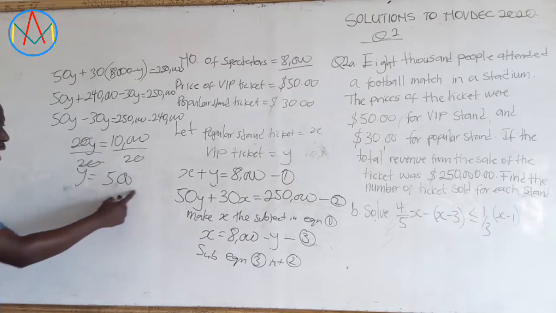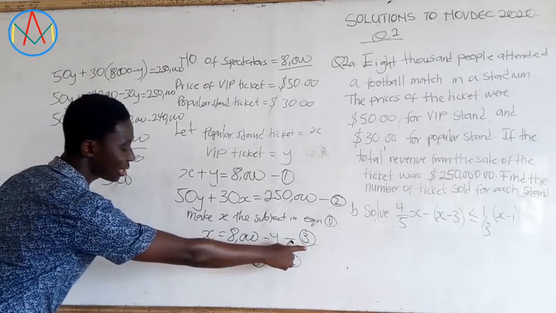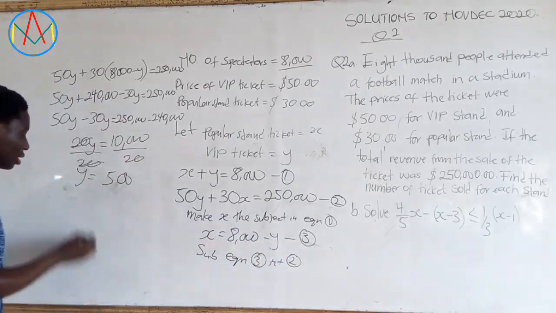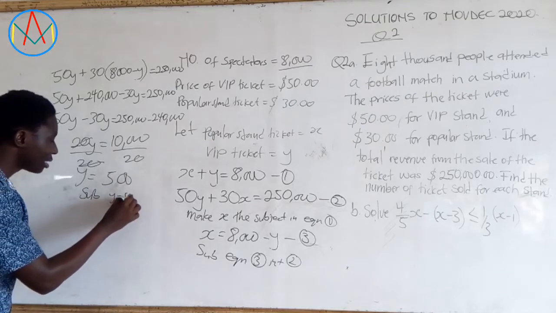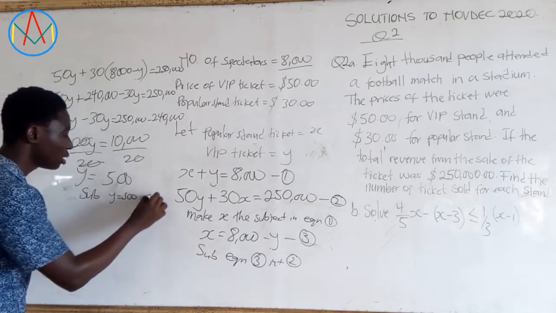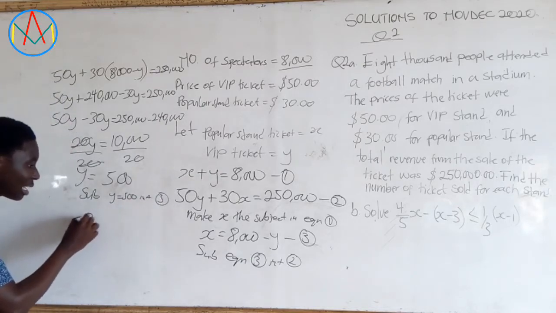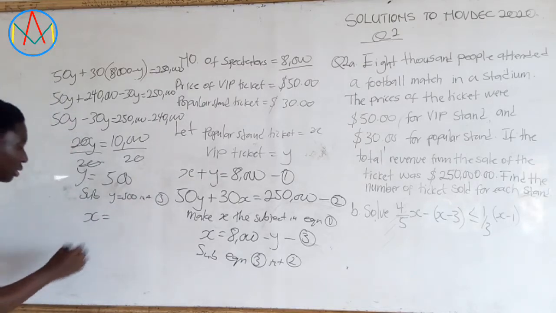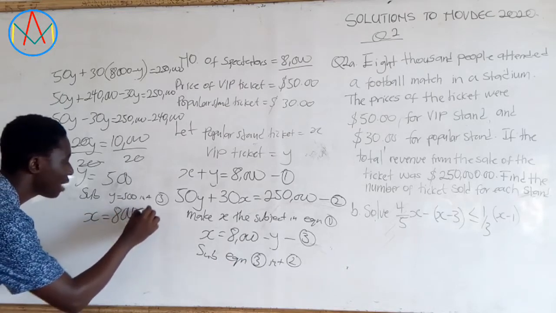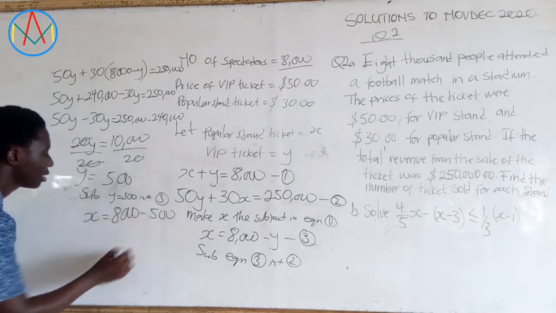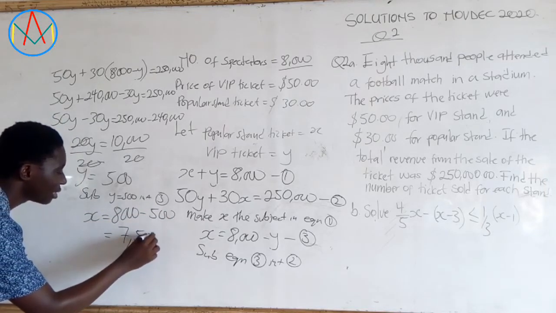So after getting Y, I'm going to put Y equals 500 into equation 3 to get my X. So I'm going to get X is equal to 8,000 minus 500. So I'm going to get 7,500.